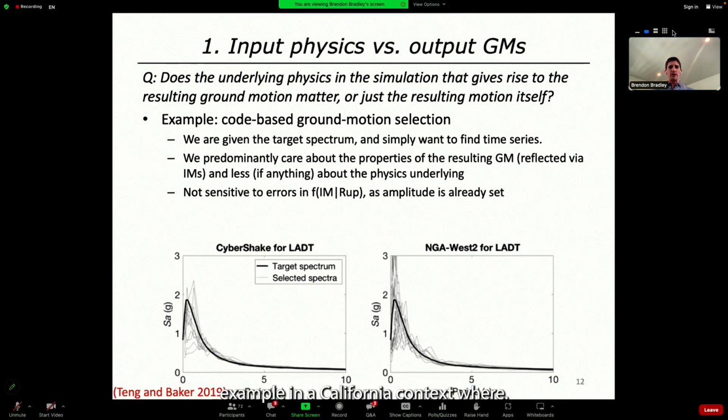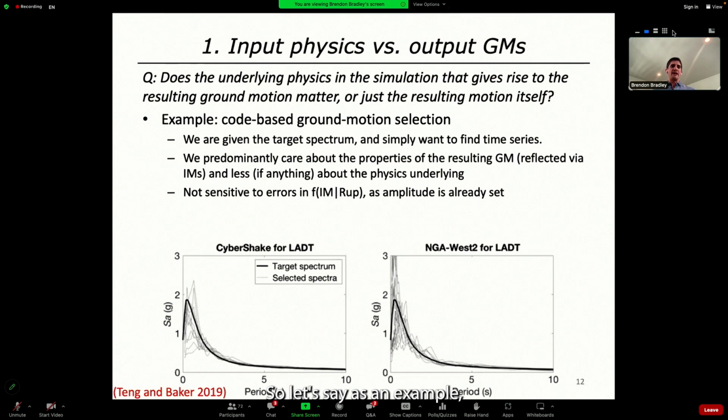So here's one example in a California context, where if we're given a target spectrum and we simply want to select simulated ground motions to match that target, we predominantly care about the properties of the resulting ground motion. So how well do the intensity measures of those simulations match, in this case, the target spectrum, and we don't really care that much about the underlying physics that gave rise to the ground motion, because by defining the target spectrum, we're already setting the intensity.